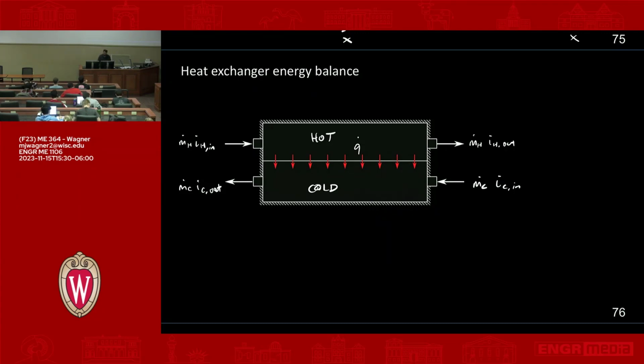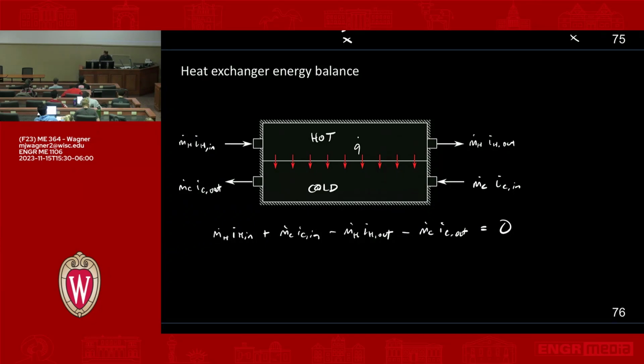So then doing an energy balance on the entire thing, we have m dot h, ih in, plus m dot c, ic in, minus m dot h, ih out, minus m dot c, ic out, equals 0, right? It's just in minus out.